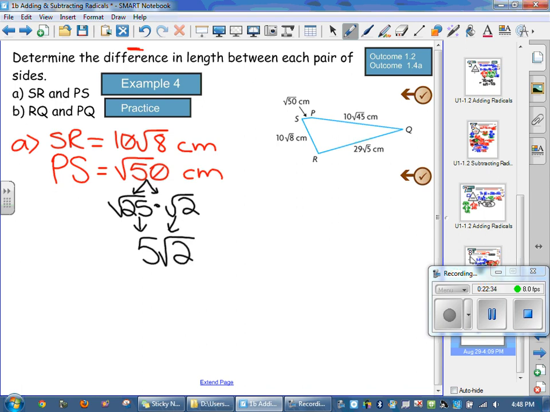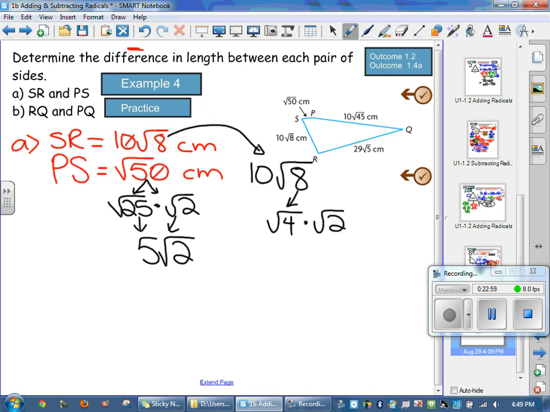Now 10 root 8 looks like it's already simplified, but it really isn't. We can take the root of 8 and break it down further. 10 root 8, the root 8 becomes root 4 times root 2, and this coefficient 10 slides in front. It doesn't disappear, it's attached to the radical.